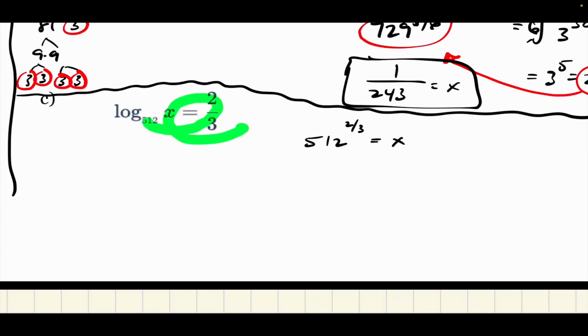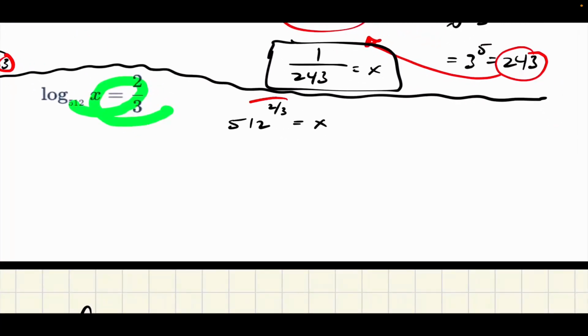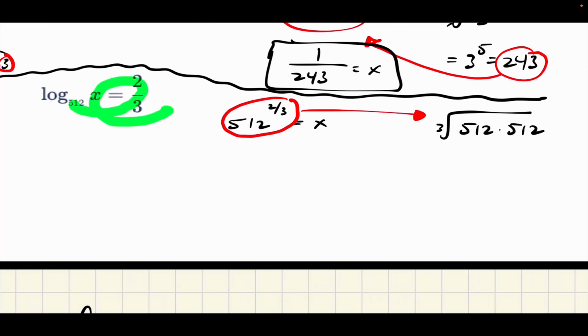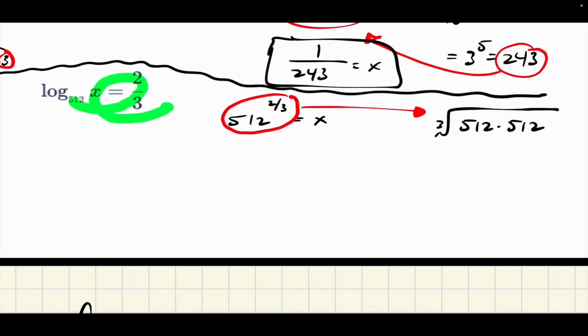There's 2 of them, and I'm looking for groups of 3. Break down 512.